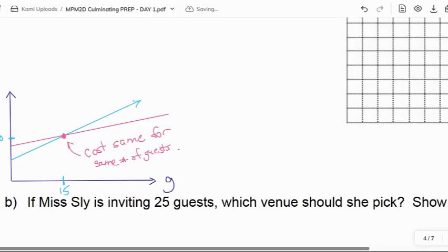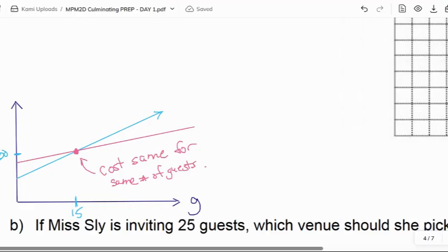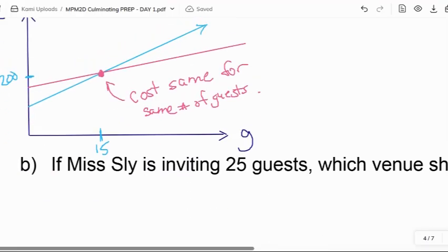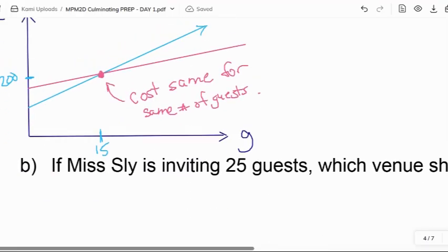We want the cost to be lower. So if I have fewer than 15, I'm going to choose the blue venue. What if I have more than 15 people? Well, I'm going to choose the pink venue because in that case, that one is going to be cheaper.